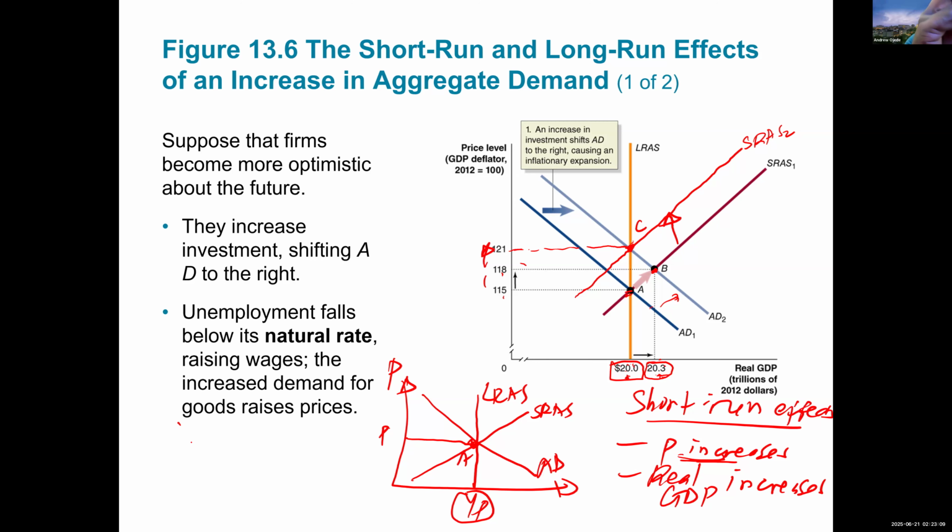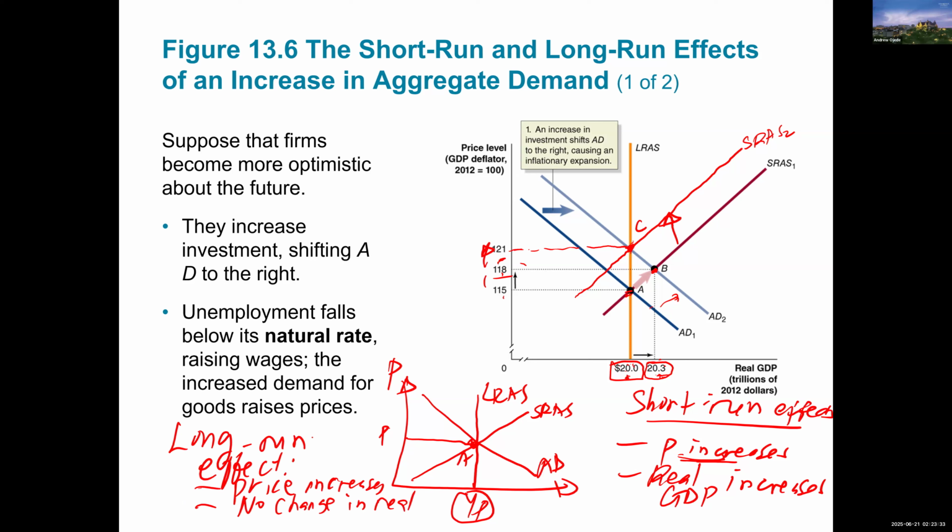So the long run effect of that positive demand shock, you can document it, is that price is going to rise further. Price increases from 118 to 121, but there's no change in output, in real GDP.